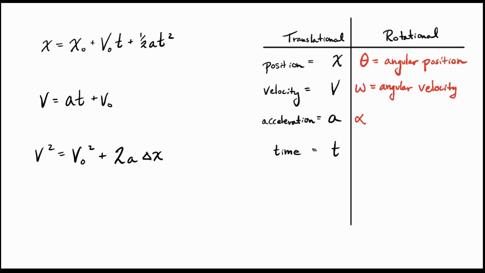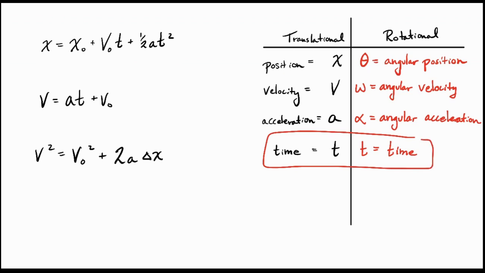And then angular acceleration looks kind of like a fish. And then time is going to be the same. It doesn't matter if you're talking about translational or rotational, they're both going to have the same time.